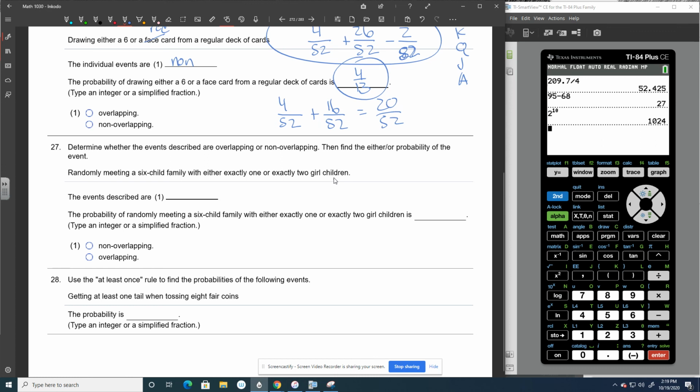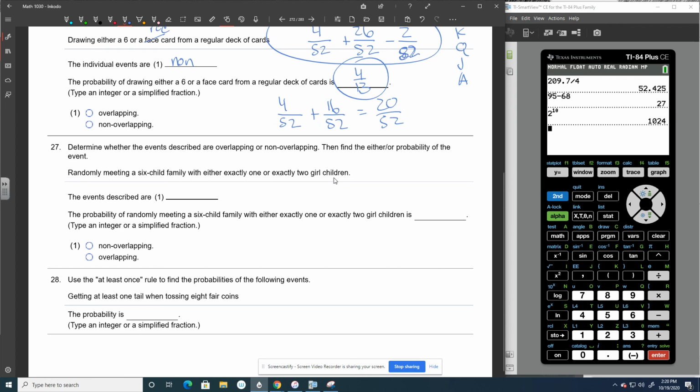Randomly meeting a 6-child family with either exactly 1 or exactly 2 girl children. Well, if you were to meet a 6-child family, the chances that only one of them is a girl, or exactly 2 girl children.